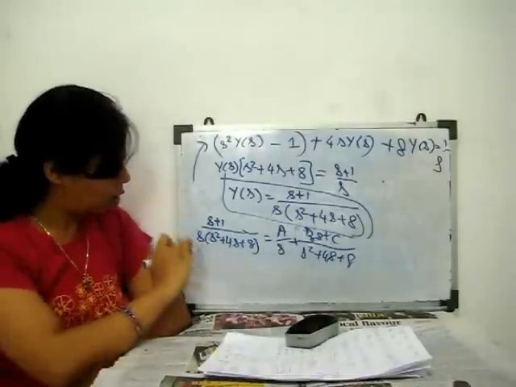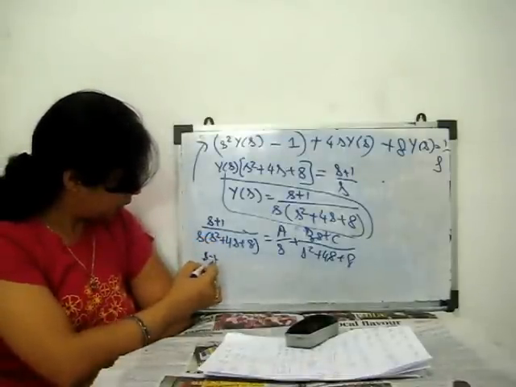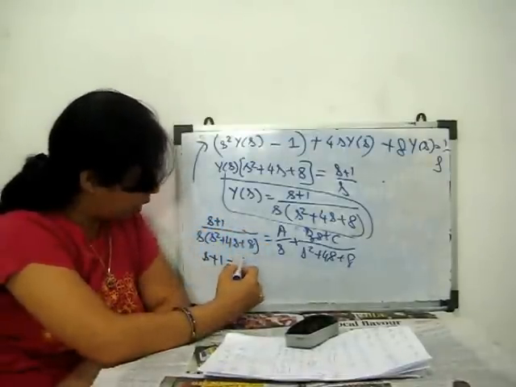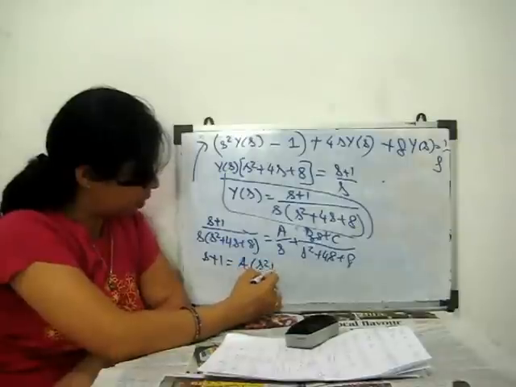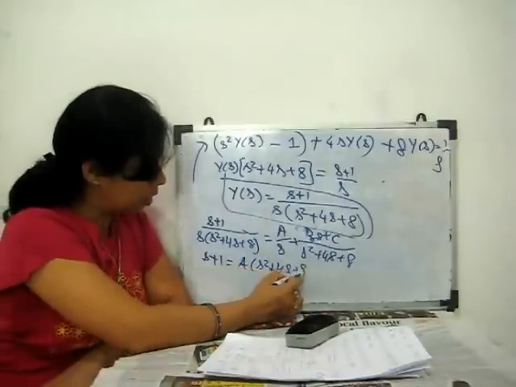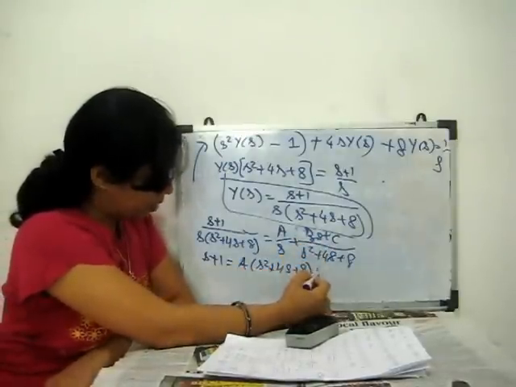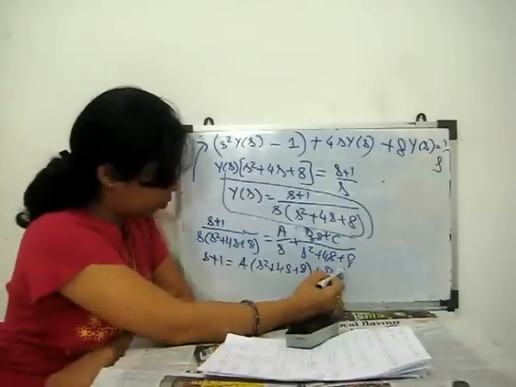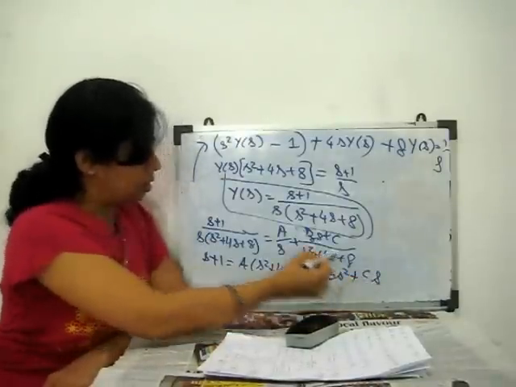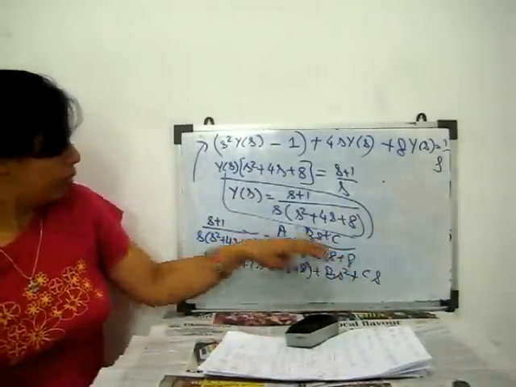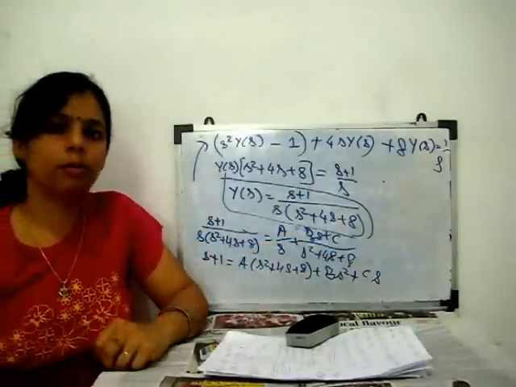Clear? Now same, s plus 1 is equal to A(s square plus 4s plus 8) plus (Bs plus C) s. Taking the LCM, denominator cancels, only numerator will be left.